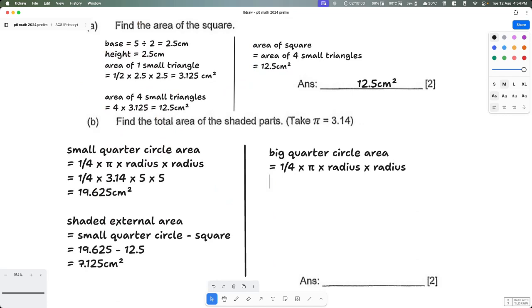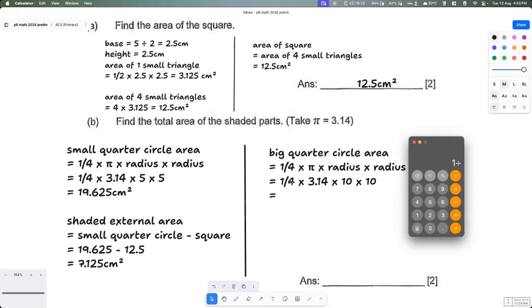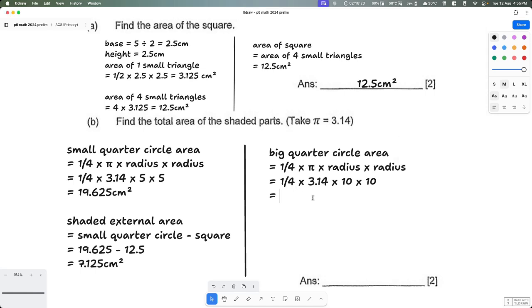The radius is 10, so times 10 times 10. What will this give us? 1/4 times 3.14 times 10 times 10 is 78.5 centimeters square.